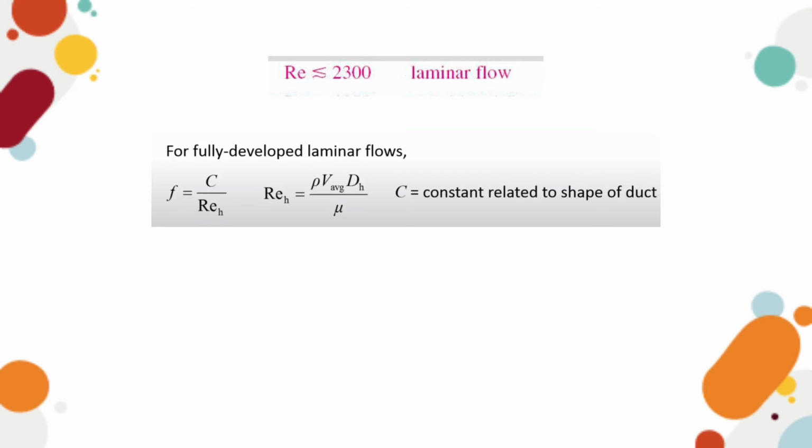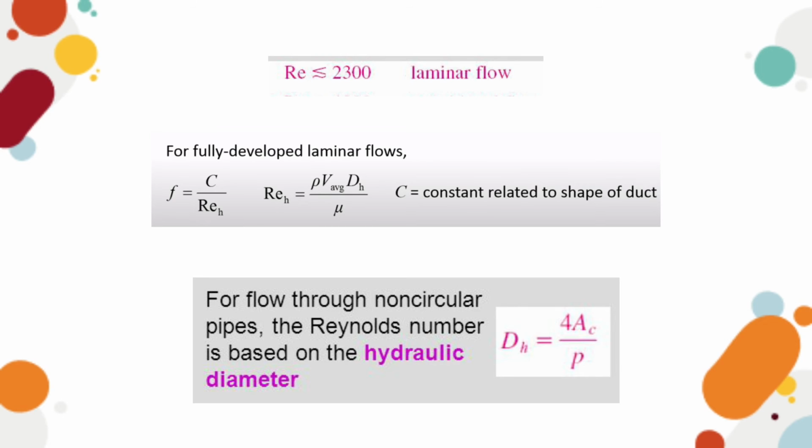So if the flow is fully developed and laminar, the friction factor will be constant over the Reynolds number. The Reynolds number in a non-circular duct uses the hydraulic diameter, and the constant is related to the shape of the duct. This hydraulic diameter is defined as 4 times the cross-sectional area of the flow divided by the wetted perimeter.